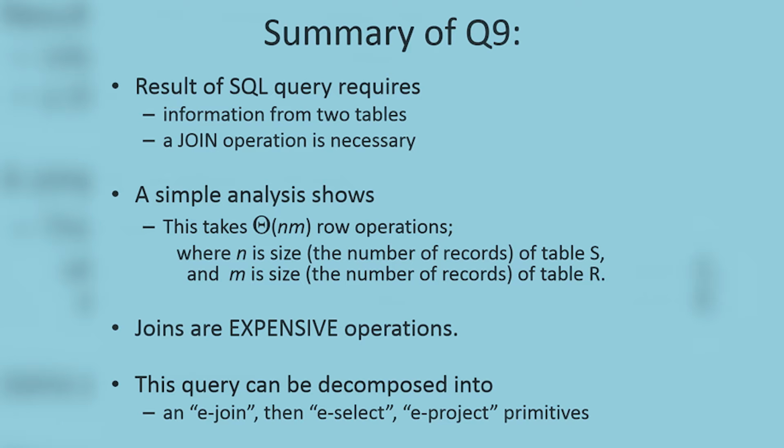The result of the SQL query requires information from two tables. A join operation is necessary. Analysis shows this takes n times m row operations, where n is the number of records of table S and m is the number of records of table R. Joins are expensive operations. This query can be decomposed into an eJoin, then eSelect, after that eProject primitives.